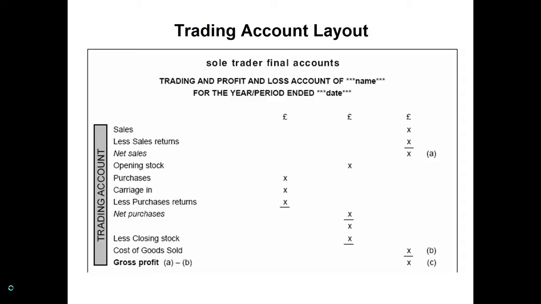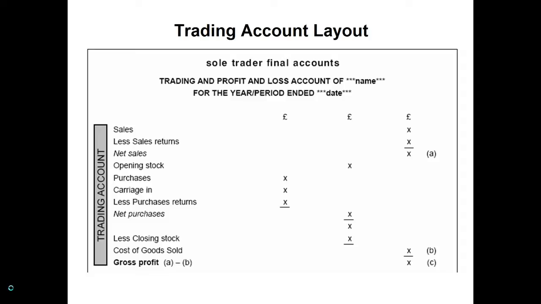We then take away sales returns, or returns inward as it is also called, and that goes next. When there's a deduction, we use brackets to illustrate that. Brackets, parentheses, can mean minus, deduction, or negative numbers, so we've got to be careful what they mean. But generally, brackets used in final accounts mean to take away, to deduct.